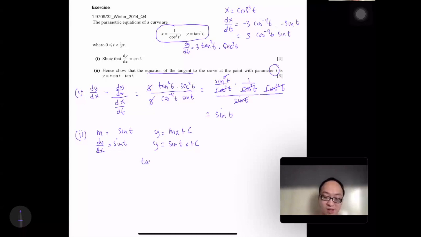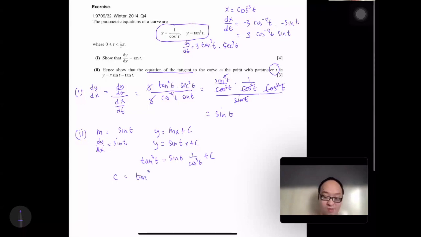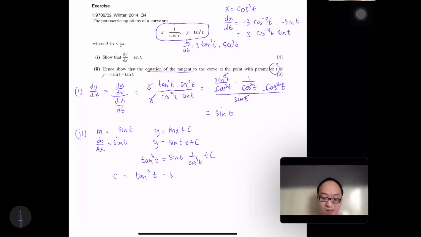y is tangent cube t equals sin t times x, which is 1 over cos cube t, plus c. And we are looking for c. So c equals tangent cube t minus sine t over cos cube t.